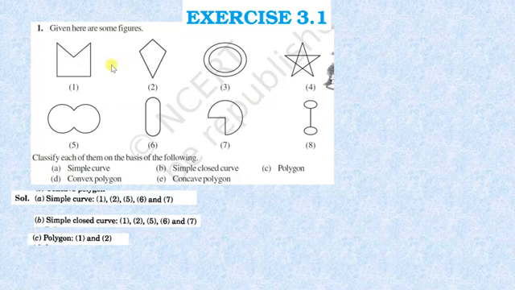Out of these two, the second one is a convex polygon because both its diagonals will lie completely in its interior. The first one is not a convex polygon, it is a concave polygon because if you take one point here and one here, a part of the line segment will be lying outside its interior.